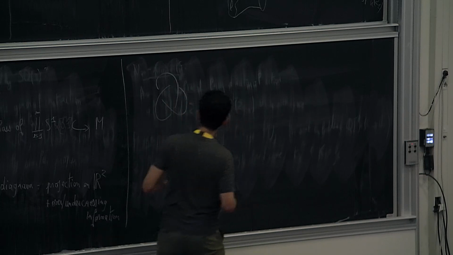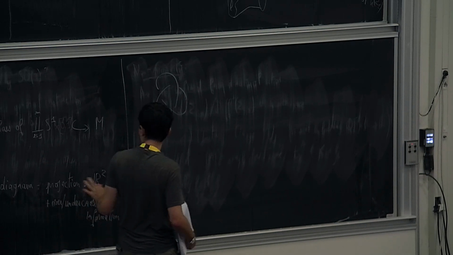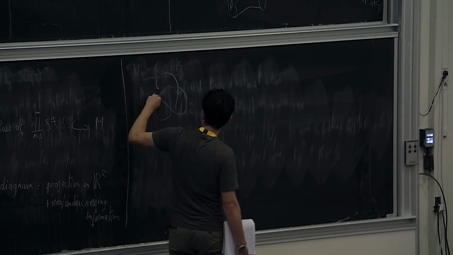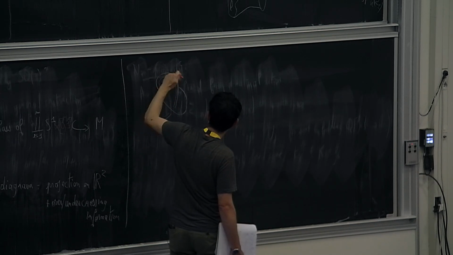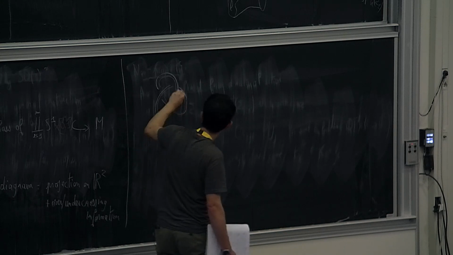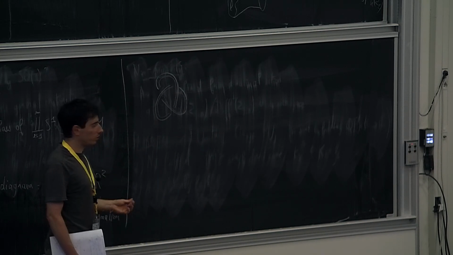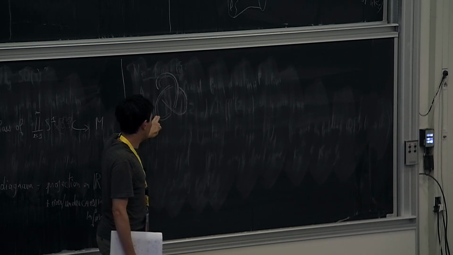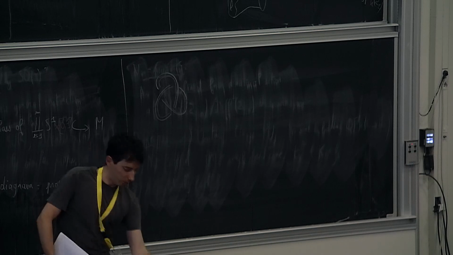So this would be a possible link. And when I want to have diagrams of framed links, then I have the usual convention that I can think of this knot as a framed knot by just taking the so-called blackboard framing. So I think that the projection, well, when I see this strand, I think that there is actually a nice parallel that is drawn on the blackboard like this.